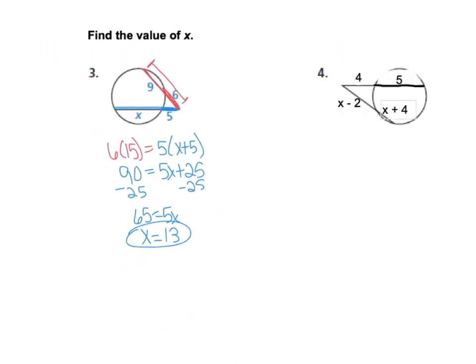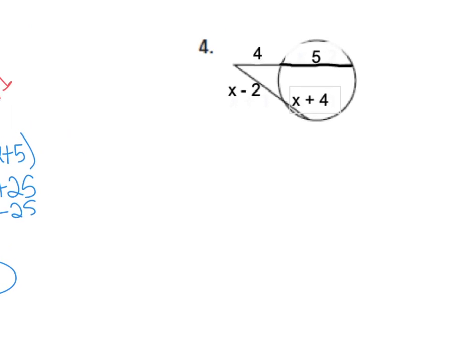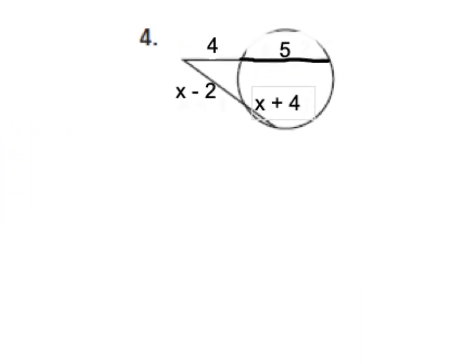All right, and as you can see, this last one is going to be a little bit tricky because there's a lot of things going on in this problem. We got some algebraic expressions in here rather than just numbers or a single x or something like that. So we're going to have to think about this one a little bit harder. So let's find our first segment. Our first secant segment is this guy right here.